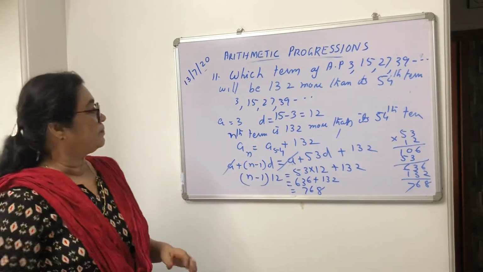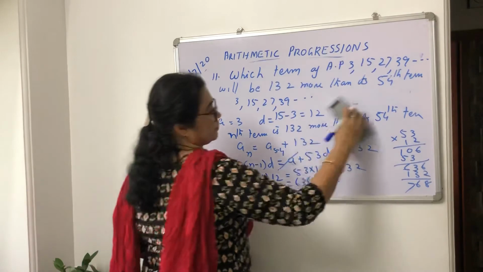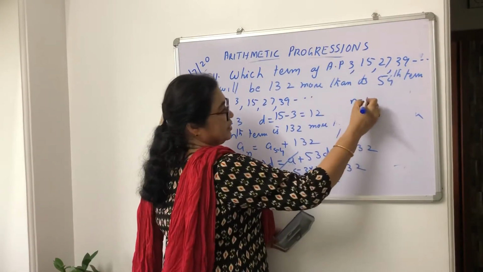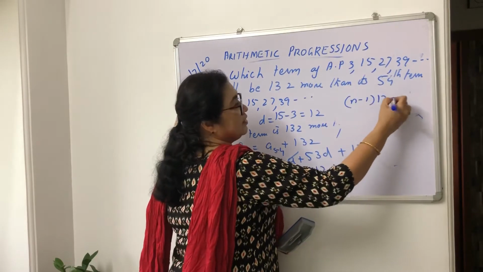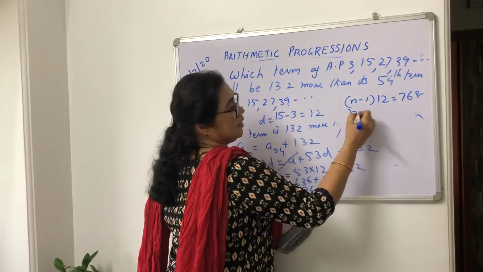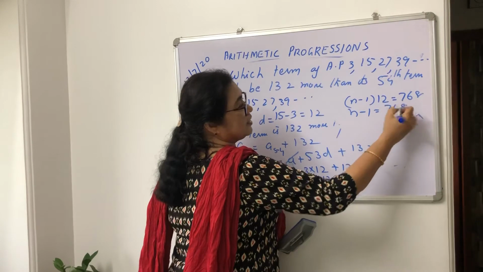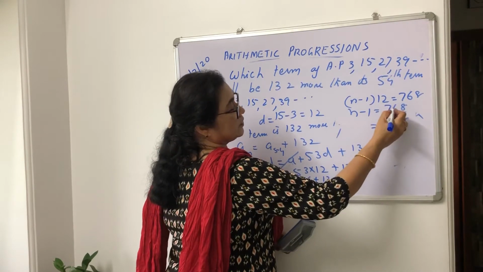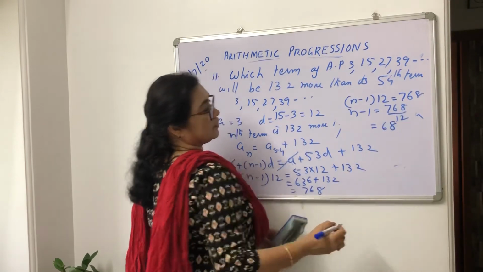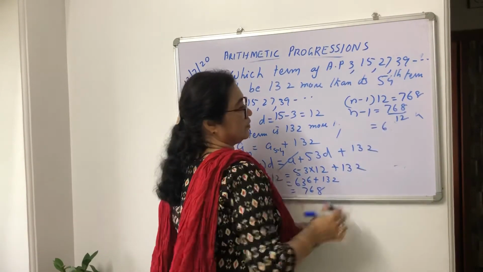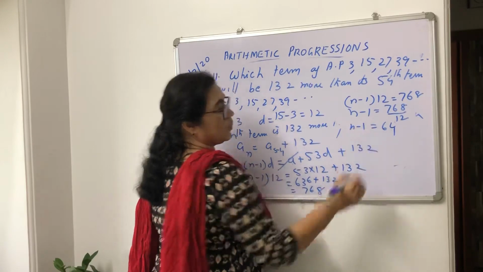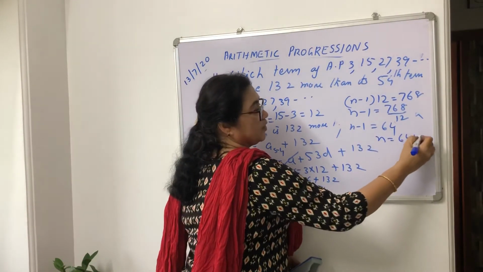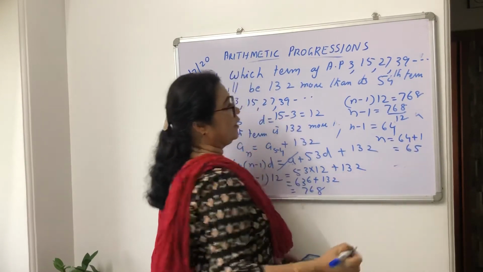So here you are getting (n minus 1) into 12 is 768. n minus 1 is 768 by 12, so n minus 1 is 64. n is 64 plus 1, which is 65.